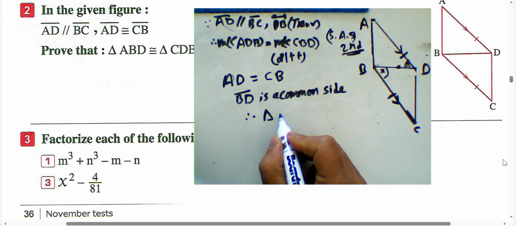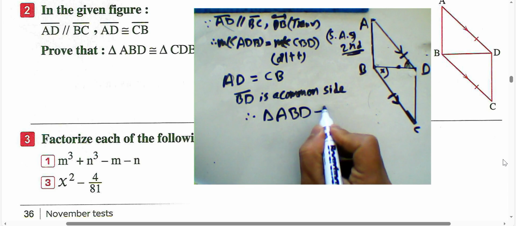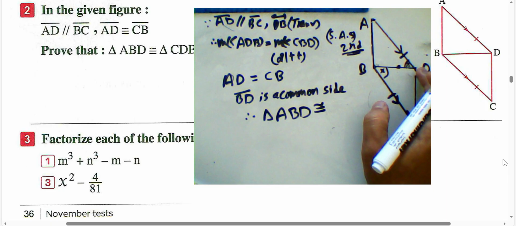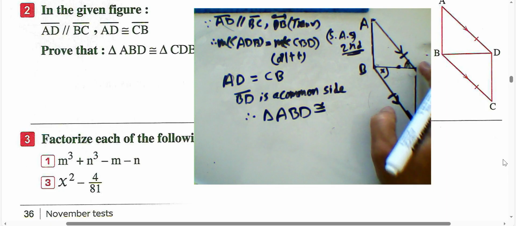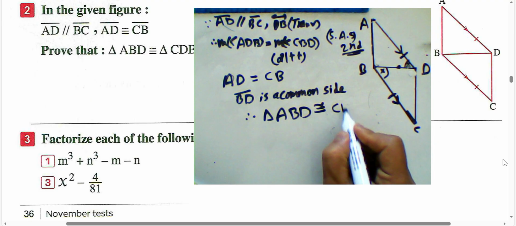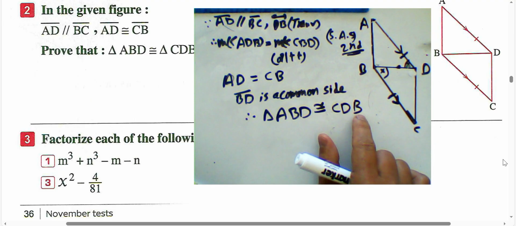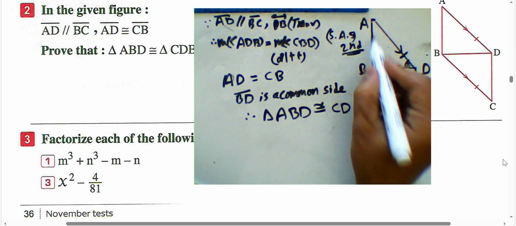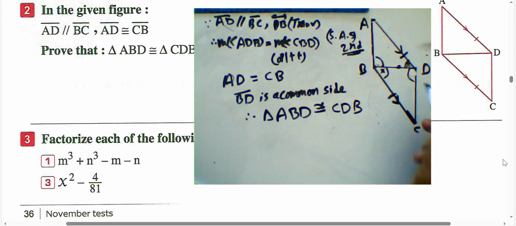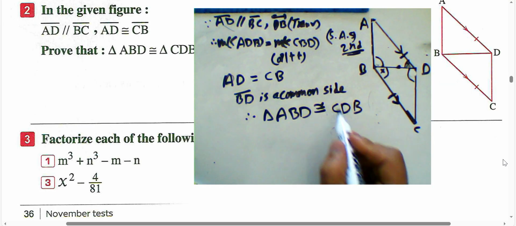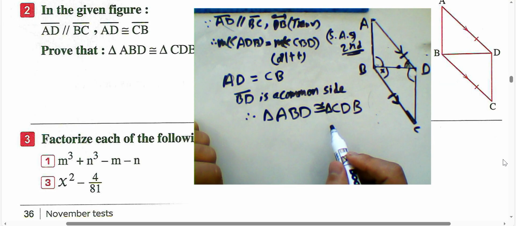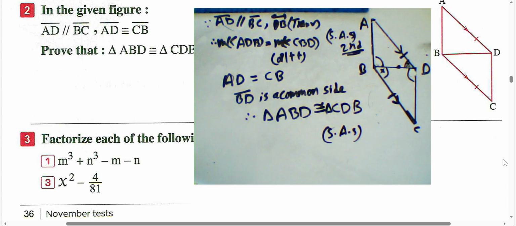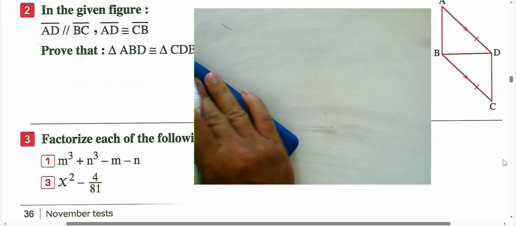Then triangle ABD will be congruent to triangle CDB, because angle B equals angle D here. We can write triangle ABD equals triangle CDB. This triangle is congruent to the other triangle. It's the second condition, side angle side. Next question.